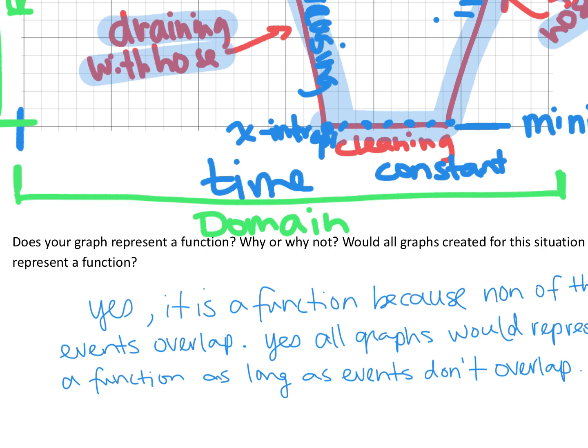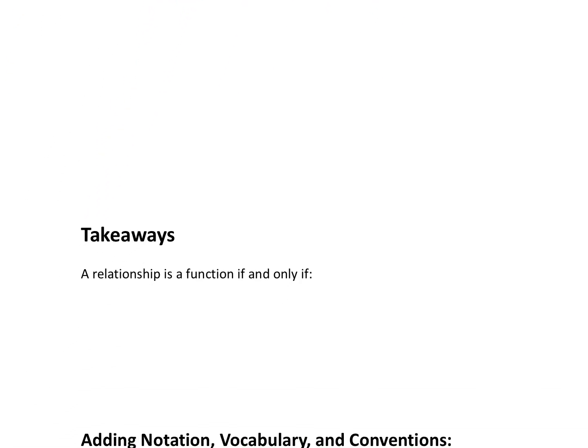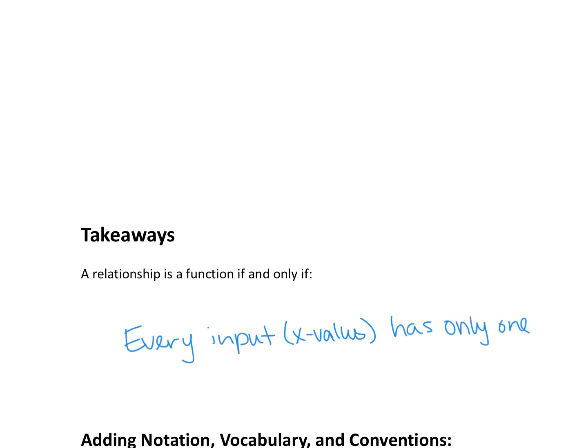Let's give you that definition for your takeaways. Our last thing for takeaways says a relationship is a function if and only if every input, remember the inputs are the x values, has only one, this is super important, output.